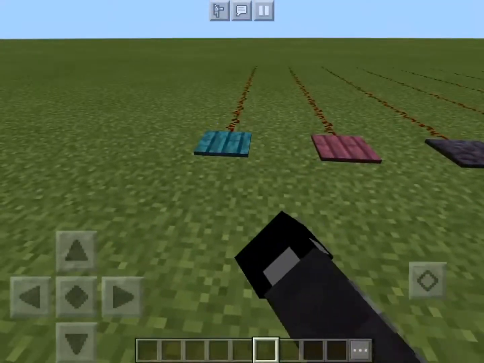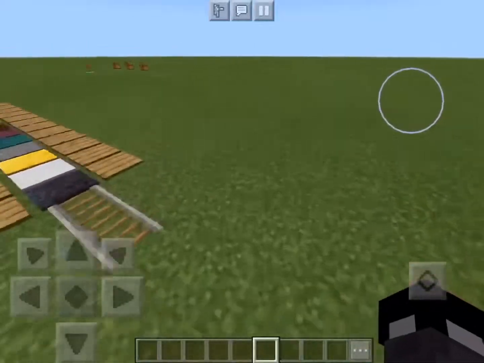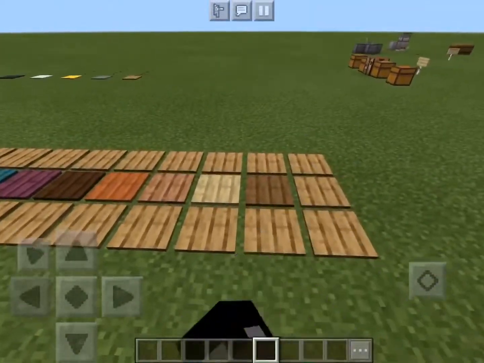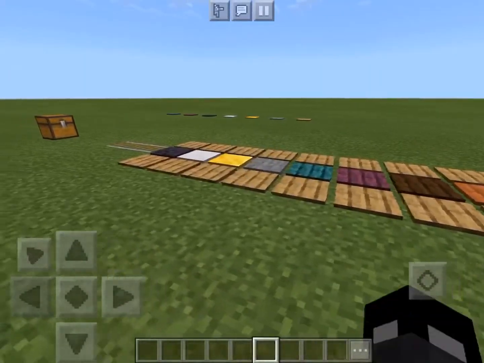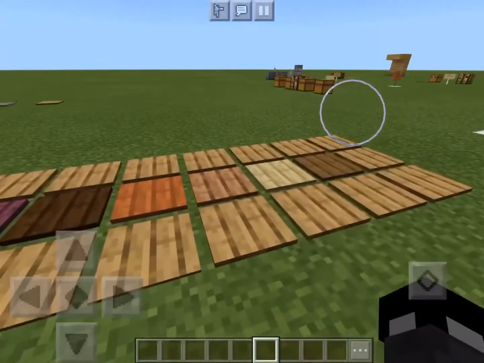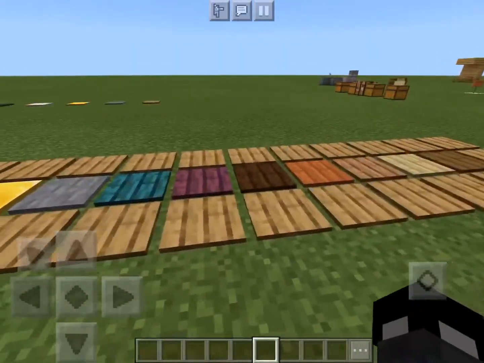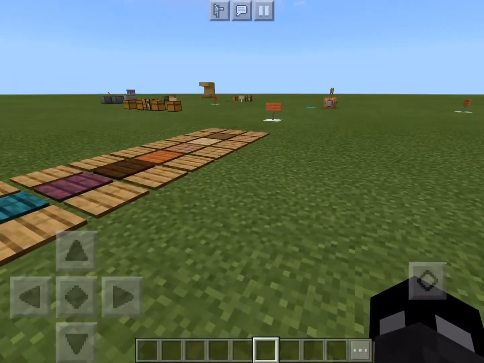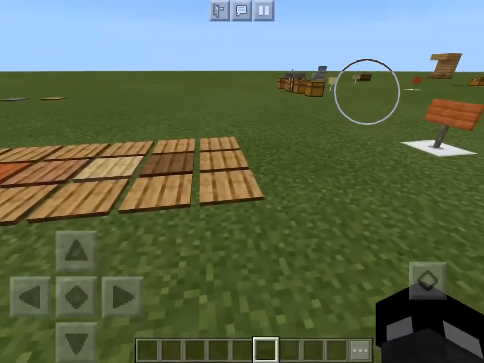So these were a test before, but they're the same. All the wooden ones are the same in every single way. So if you test a wood one versus a stone one or one of these weighted ones, you can just assume that the wooden one, if you replace it with one of the other ones, will be the same result.